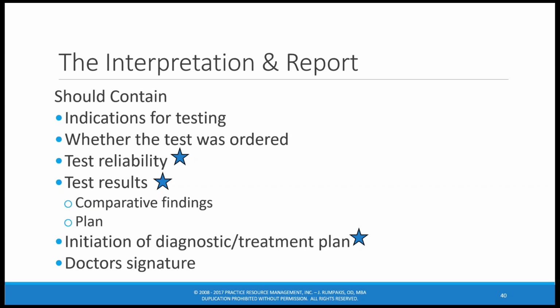The second thing is that the test results are very important for you to note as well. If it's the initial test, obviously you want to interpret the results. If it's a sequential test, not only do you want to interpret the results, but you have to give a statement of comparative findings to previously performed tests as well. And the most important part is, how did this test add to the clinical care profile for this particular patient?